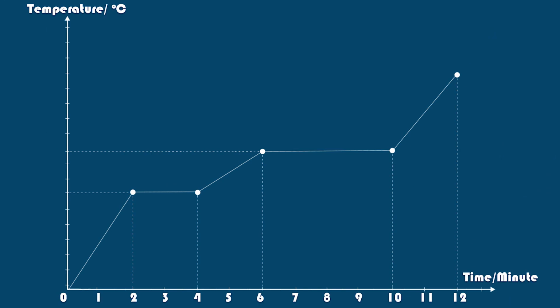Here in this diagram, you can see that along the x-axis we have put time in terms of minutes, and along the y-axis it is reflecting the increase of temperature.